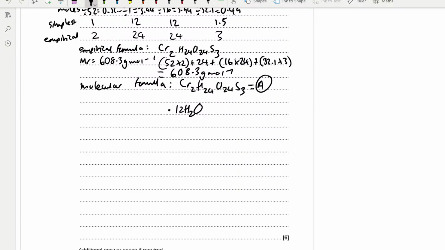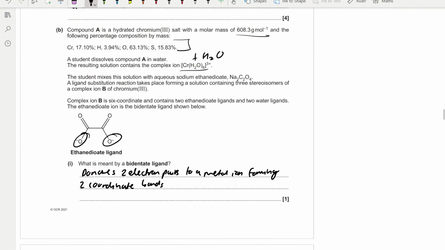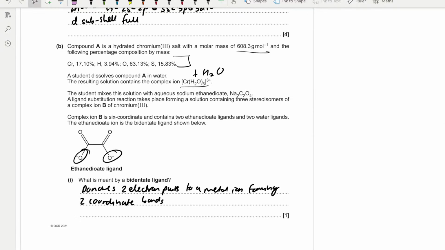And we've got 3 sulfur atoms, so if you divide 12 by 3, that gives you 4. So you must have SO4, but you must have 3 lots of it, and then it's just Cr2 in front of that. So that's our formula of our hydrated salt. That's also A.